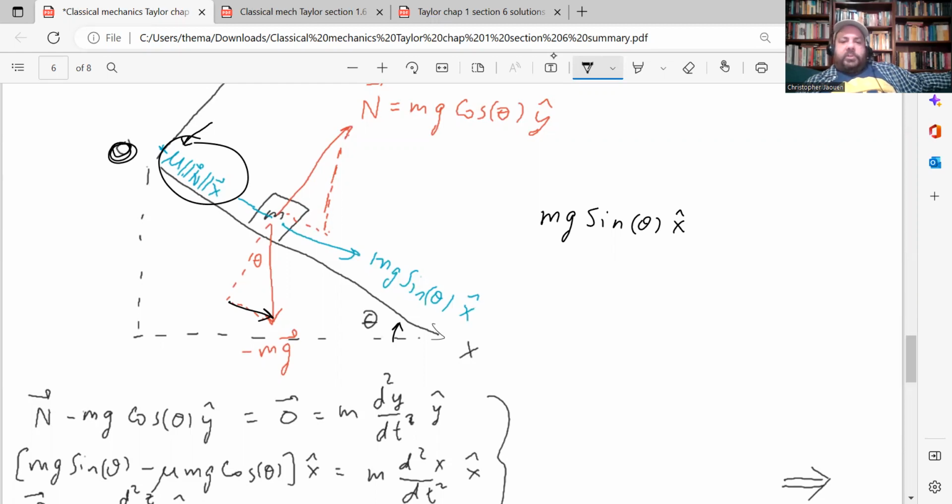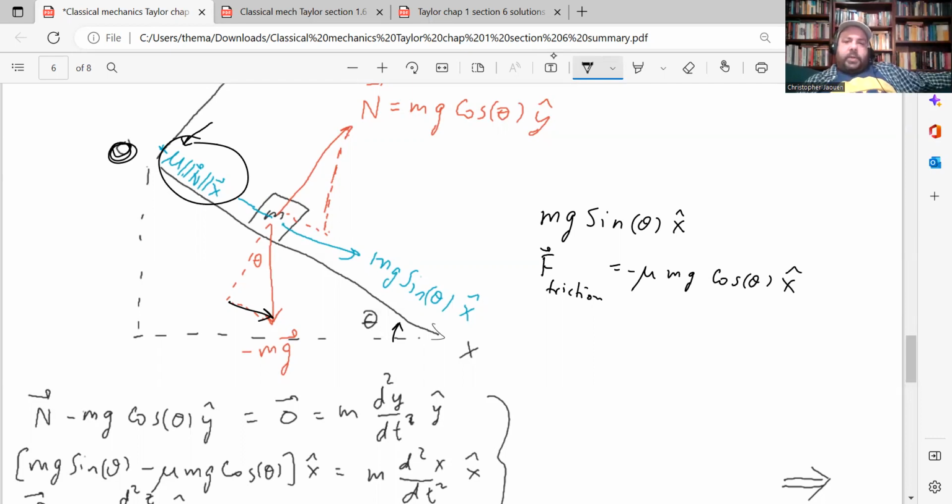So the force due to friction would be mu times the norm of the normal force, which would be mg cosine theta. It goes in the negative x direction too, so you need a negative sign here, times x hat, right? So that would be the force due to friction.